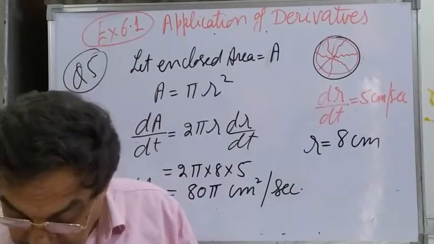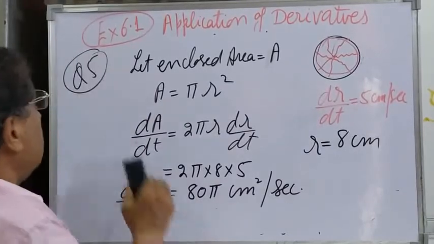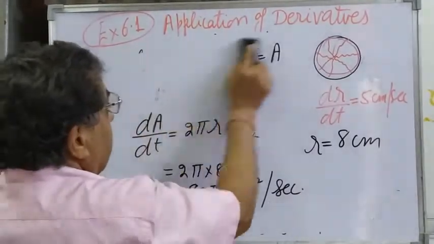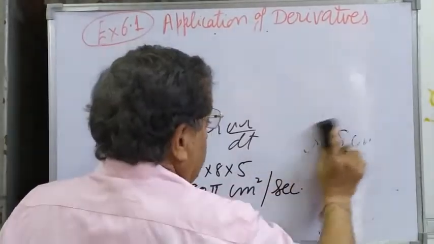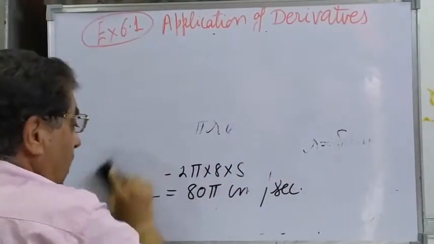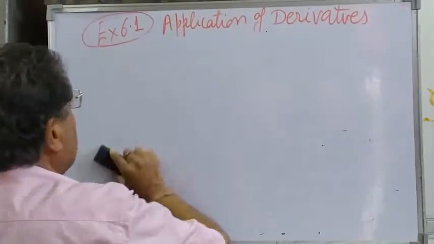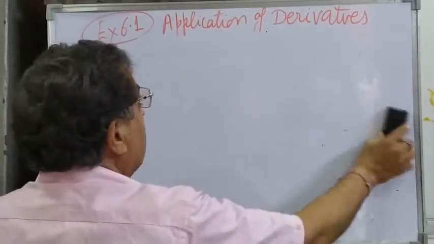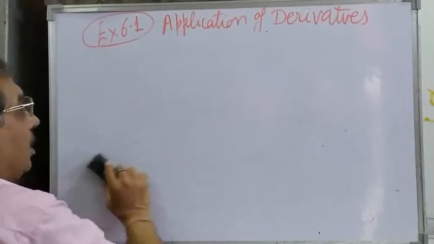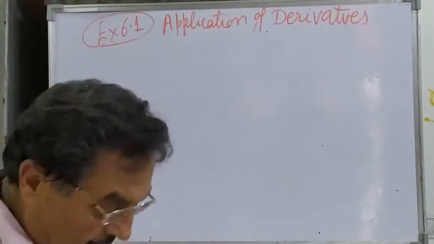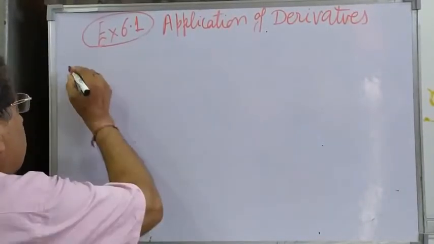So now let us go to question number 9. What does question number 9 say? We have got a balloon with a variable radius.